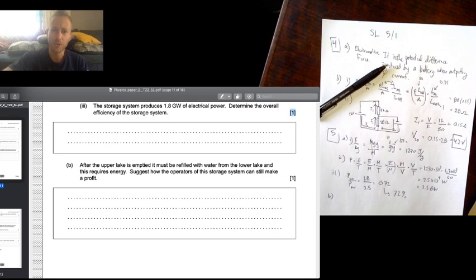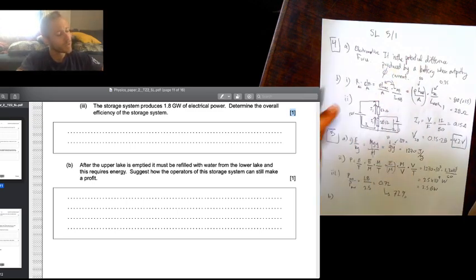I'm thinking that for most dams, the dam is replenished just by natural means, right? It's like on a river or something like that, and the water drains into it. So that's one thing. Another thing is how much we are selling the energy for, right? That's what I'm going to go with.